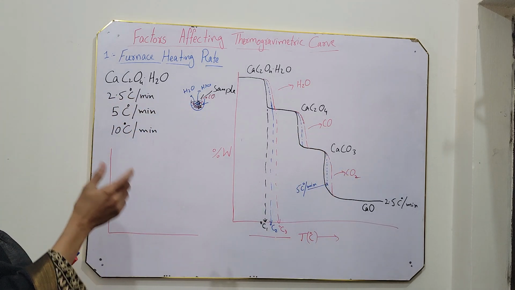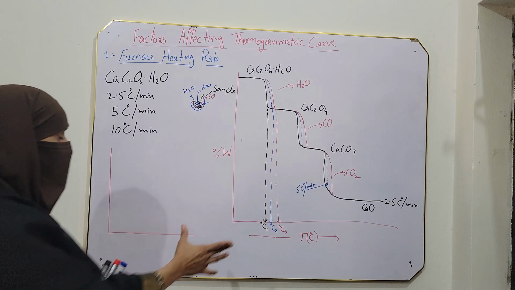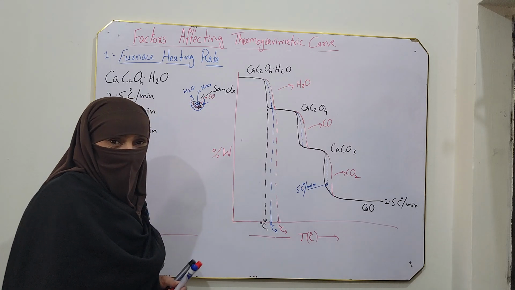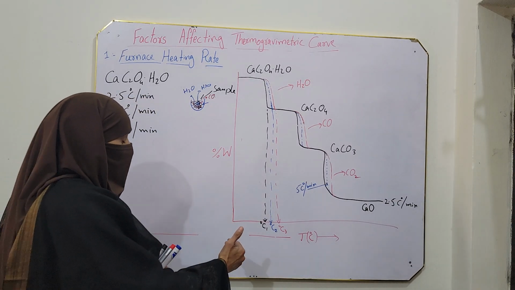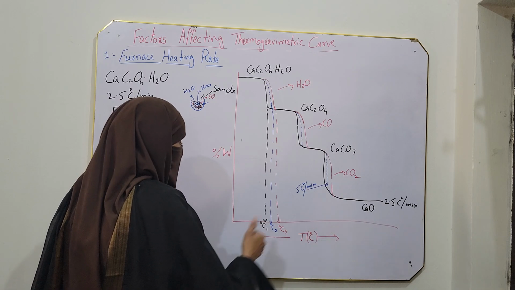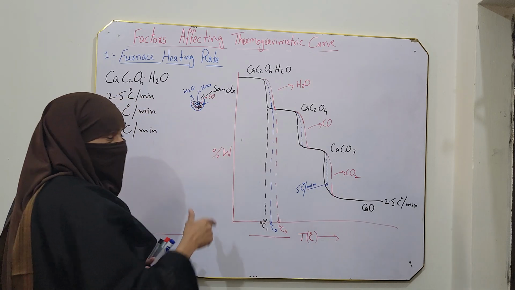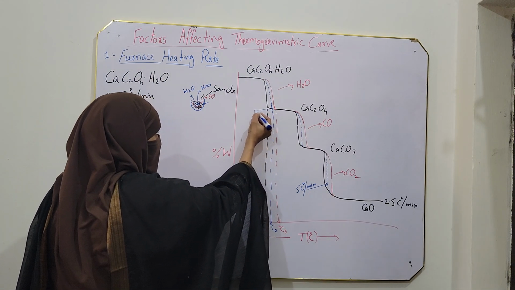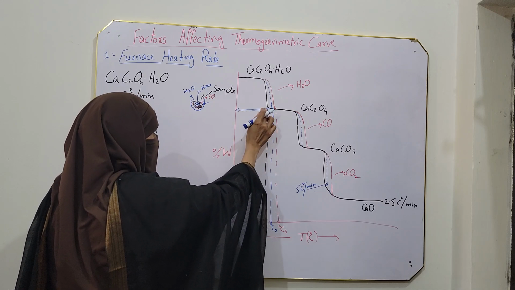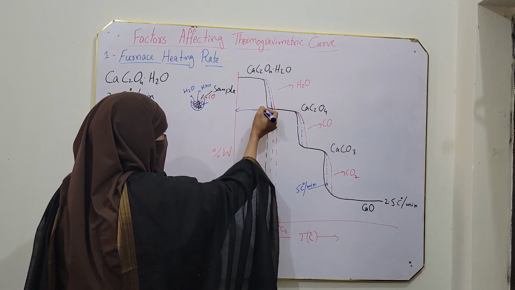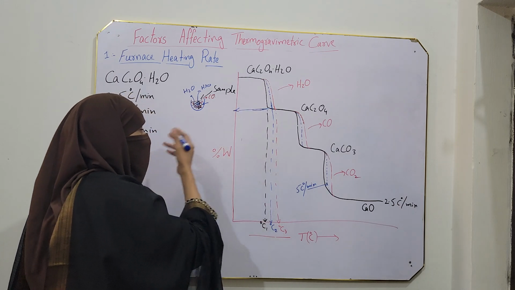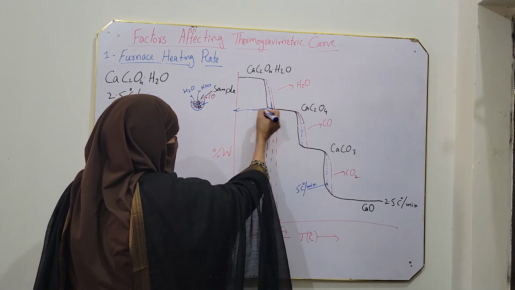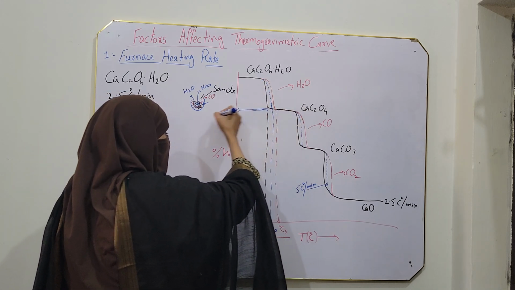So the overall effect of the furnace heating rate observed in the case of calcium oxalate is on the x-axis, meaning the temperature is shifted toward slightly higher values. And when we see the y-axis, percent weight loss, it is observed that percent weight loss remains unaffected. For example, in the first case it is some value, say 28% or 20%, and it will remain the same for the second step and also for the third heating rate.